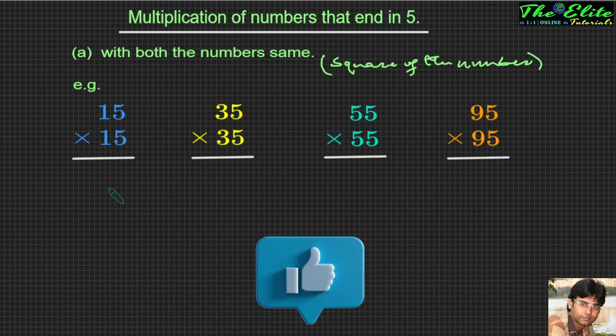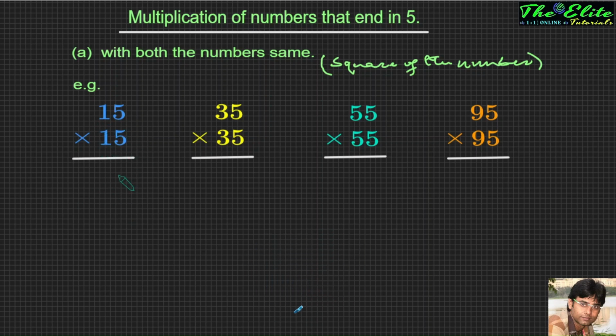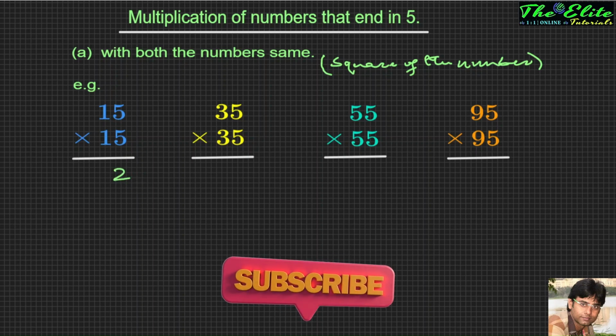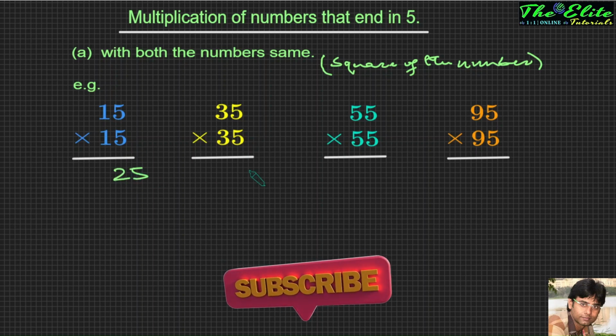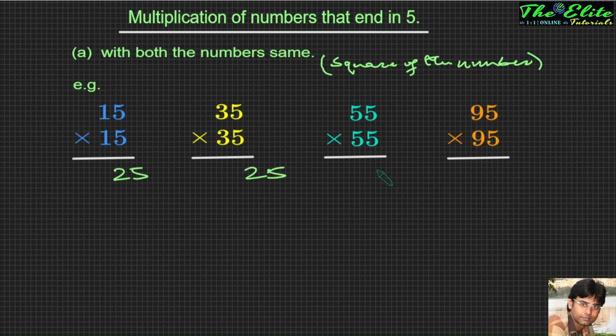See, if you find this scenario, you just do one thing. For the last 2 digits it will be 25 everywhere. You can write blindly that 25 is going to come. After writing 25, you will see that the number left is the same. So you will take one of the numbers and multiply by the next number.